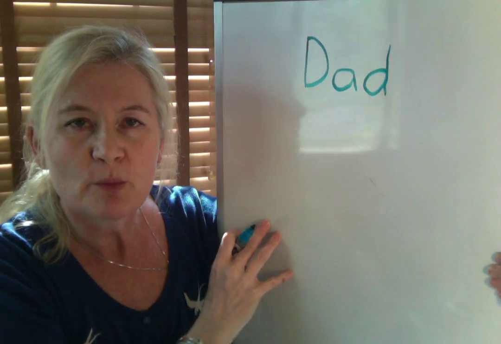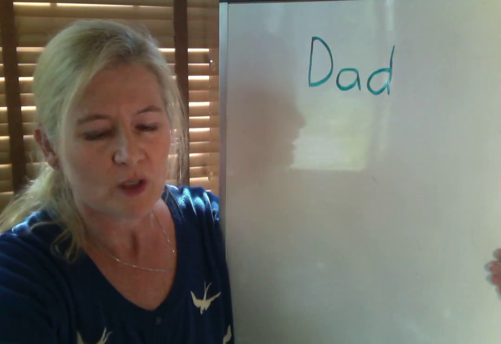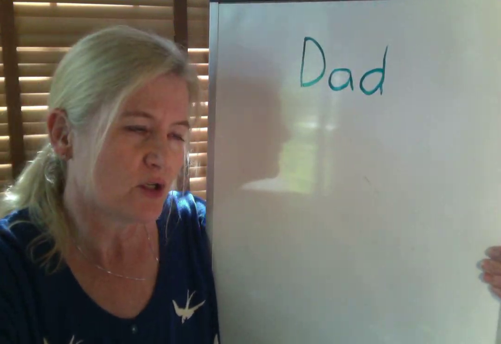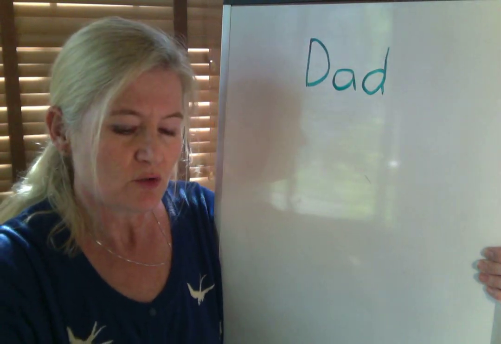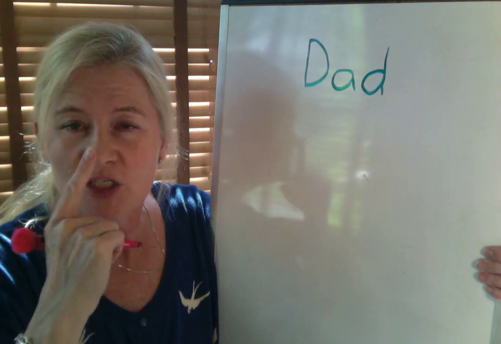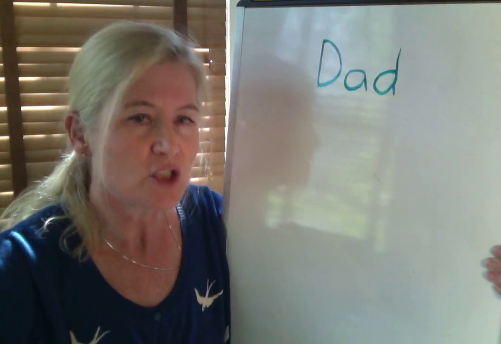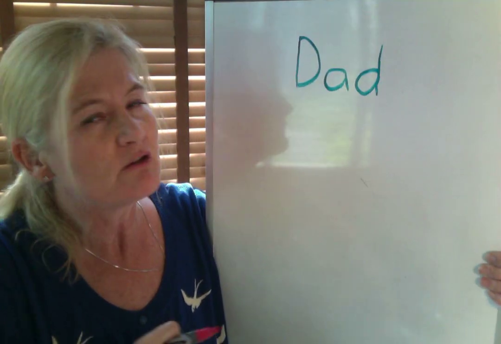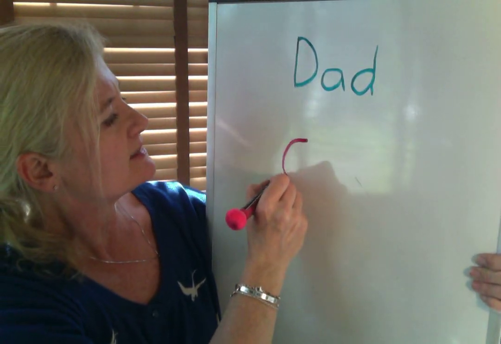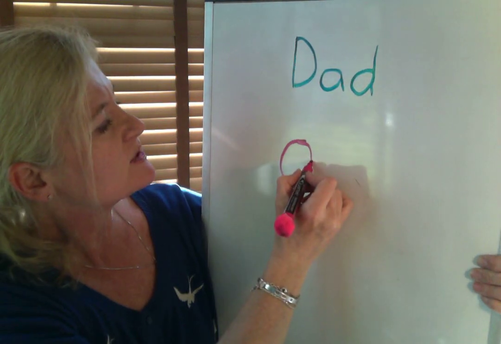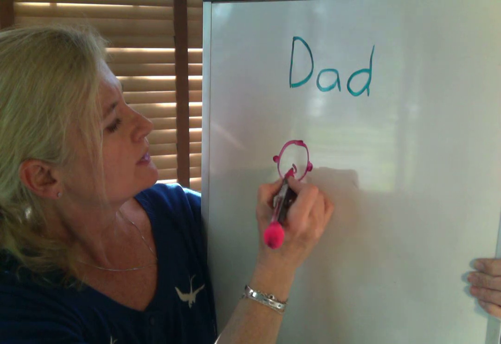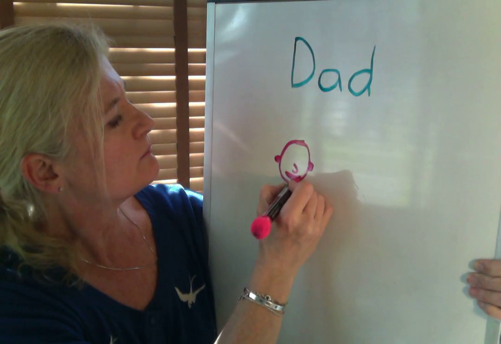Now, let me draw my dad, and I want you to figure out what he likes to do in his spare time. So remember my song, head, shoulders, knees and toes, and eyes and ears and mouth and nose. So remind yourself what we have to draw when we draw a person. Head. So let's draw my dad's head, and let's give him some ears, and a nose, and a smiley mouth.